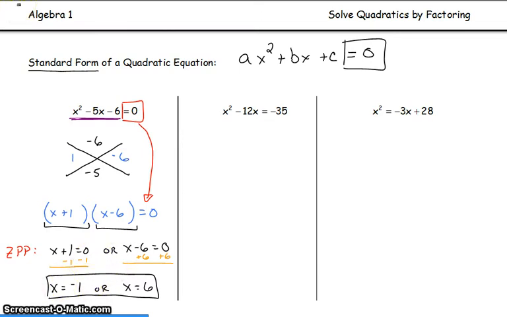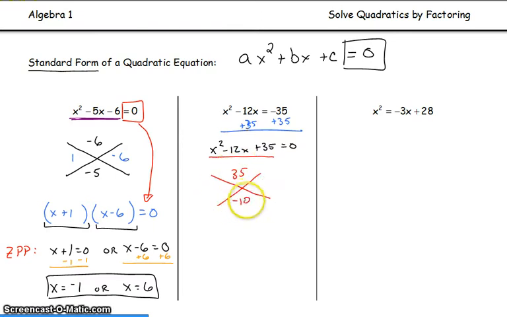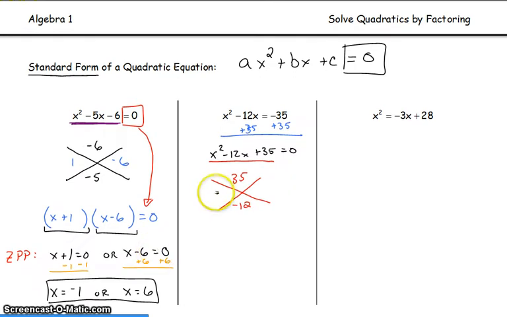The second one is only slightly different. The major difference is it's not equal to 0 right now, so I have to put it in standard form first. I'm going to add 35 to both sides. Let's make sure we do 35. I get x squared minus 12x plus 35 equals 0. Now I'm going to factor the expression on the left, which means something that multiplies to 35 and adds to negative 12. That is a negative 5 and a negative 7.